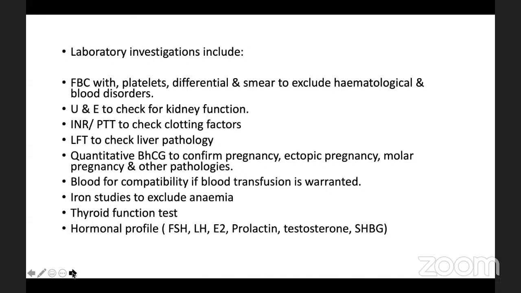Then liver function tests, we need to check that, especially in patients that present with bleeding due to malignancies. Then we do a qualitative beta HCG to confirm a pregnancy, for example, ectopic pregnancy or molar pregnancies and other pathologies like choriocarcinomas. And then we need to do blood for compatibility if the patient is going to warrant transfusion.